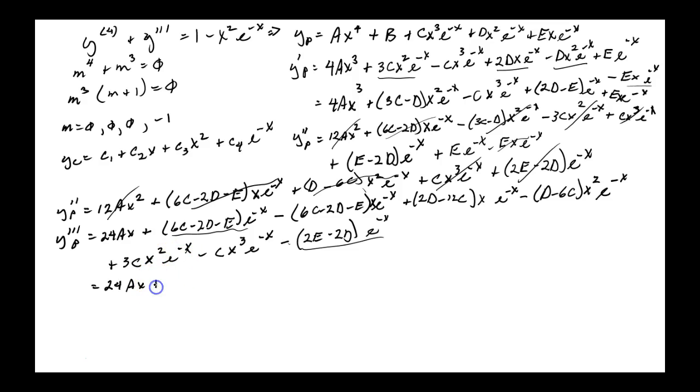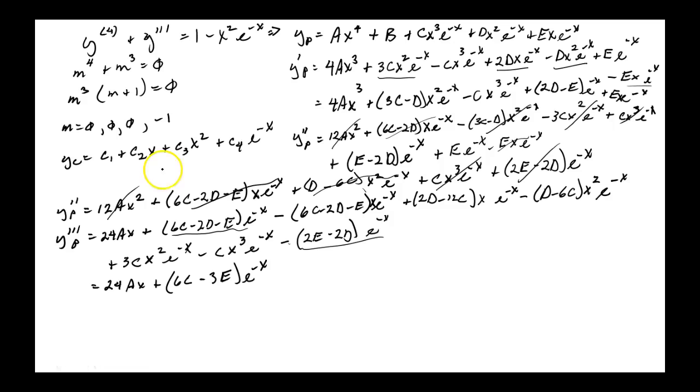So that's going to be a plus 6c. You got a minus 2d here and a plus 2d there, so those are going to disappear. And you got a minus e here and a minus 2e there, so that'll be minus 3e e to the minus x. Okay, so we've taken care of that one. We've taken care of this one and that one.